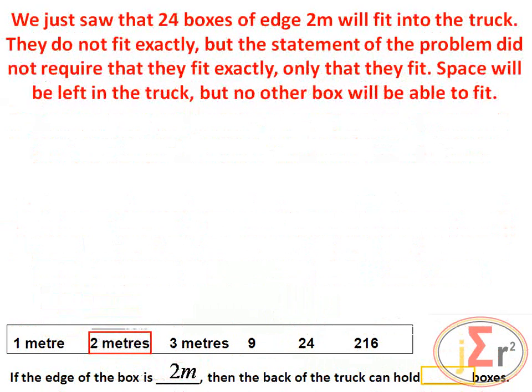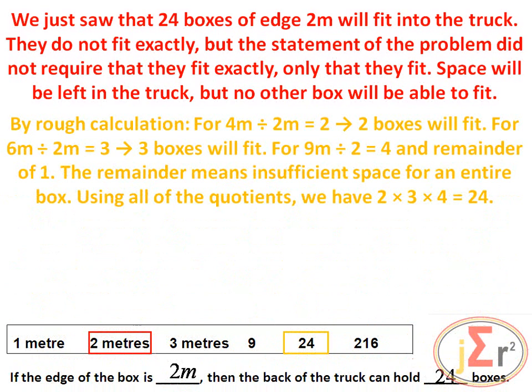Boxes of edge 2 meters, and of course we know 24 is also in the list, and the calculation that is based on the practical application gives 24 boxes, so we know that 24 is correct.